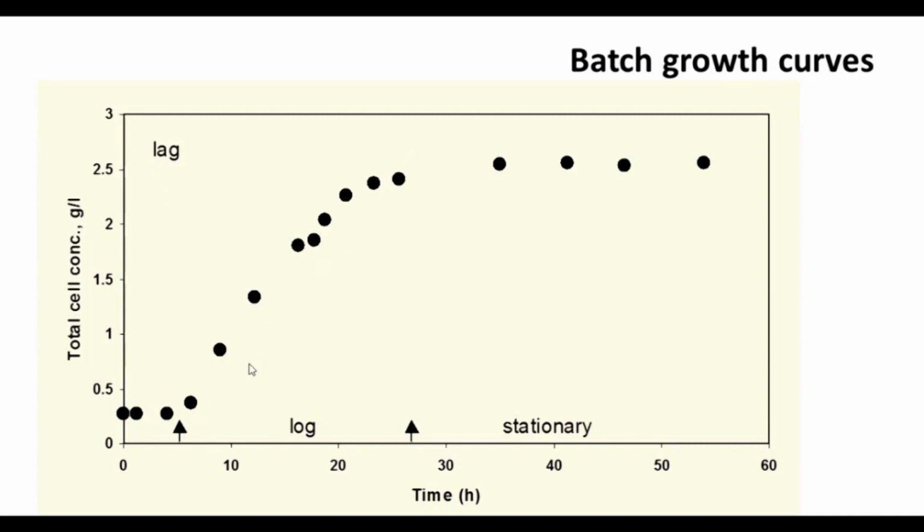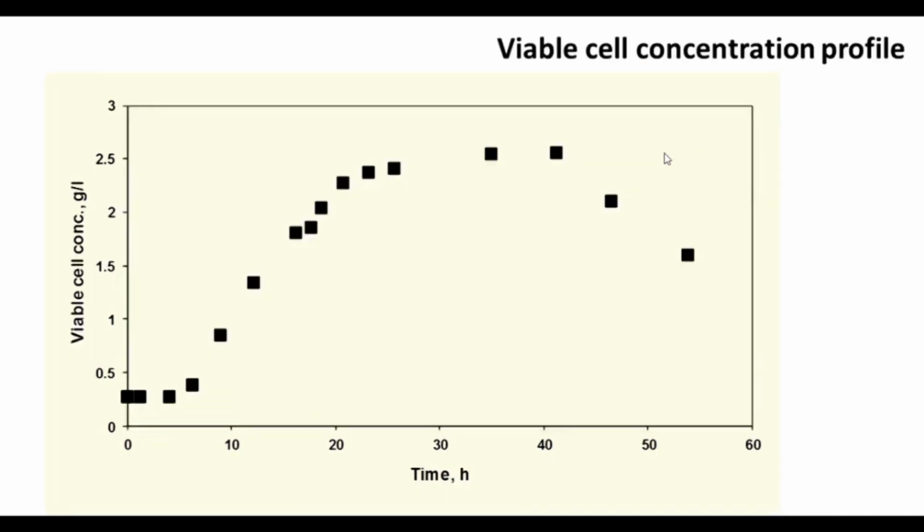The region where the cell concentration changes rapidly is called the log phase. We'll look at the reason a little later. And then it reaches what is called a stationary phase, where there is no increase in cell concentration.